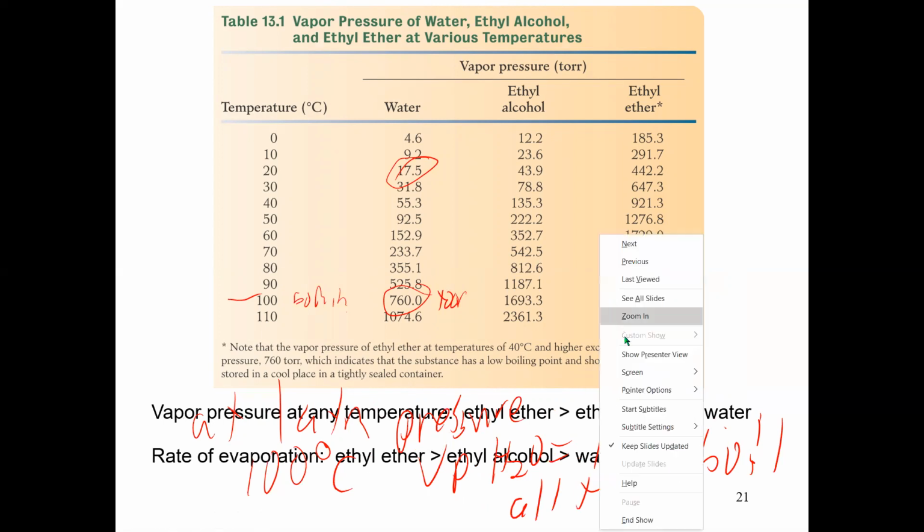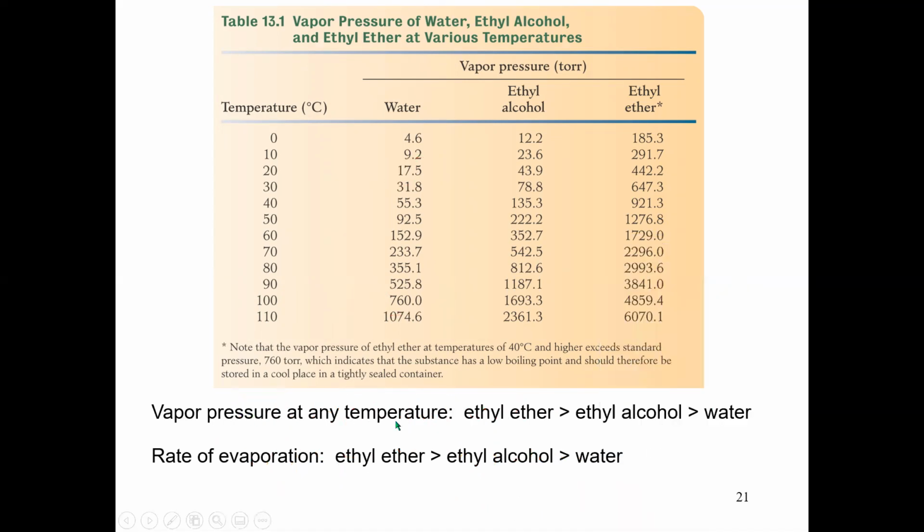So if you look at the different examples here with the vapor pressure at any time, ethyl ether has a higher one than ethyl alcohol, greater than water. The rate of evaporation of ethyl ether is faster than ethyl alcohol and water. That's why with ethyl alcohol, you put it on your skin, it evaporates, your skin gets cooler.